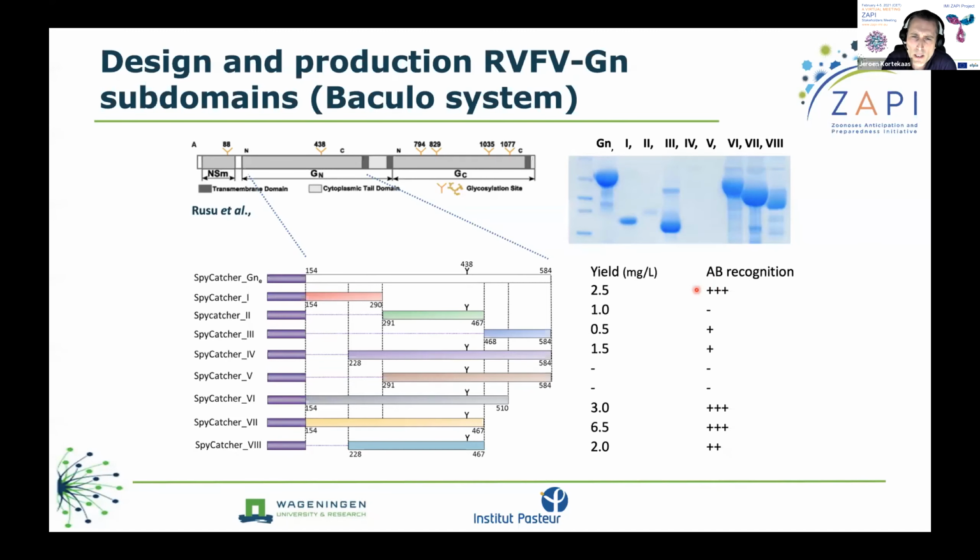You see that the yield of one of these constructs, domain 7, was the highest, and it also had the best antibody recognition. It's a bit of a bigger protein than the one developed for Schmallenberg, but still, as you can see, the yields were somewhat better than the whole ectodomain.